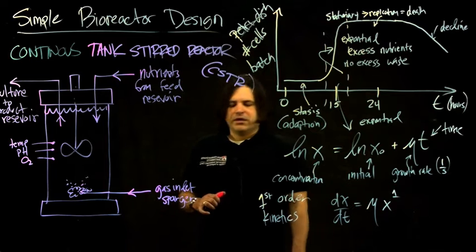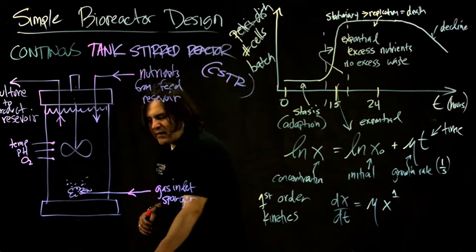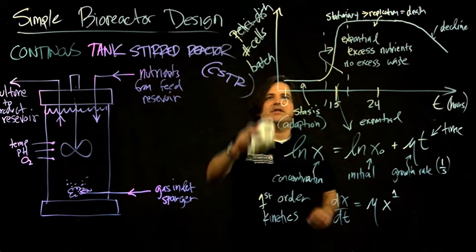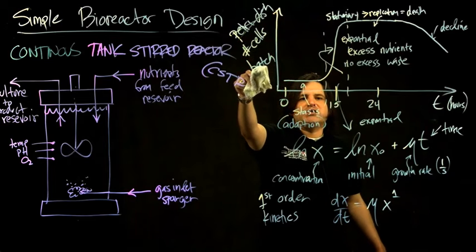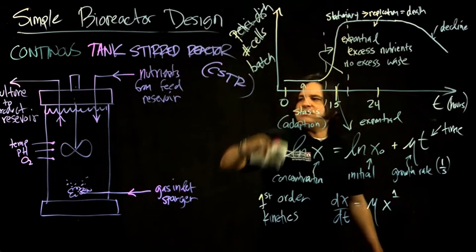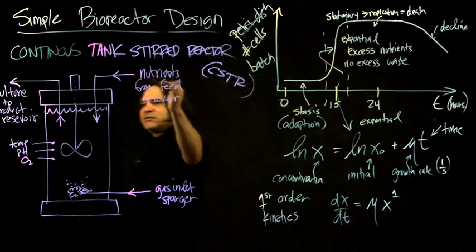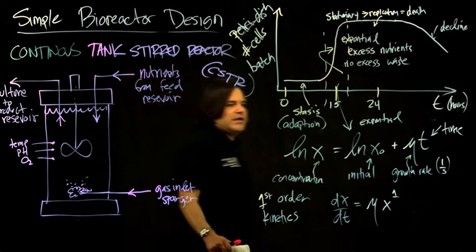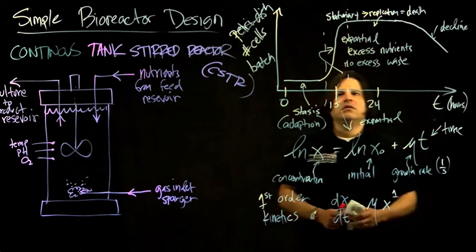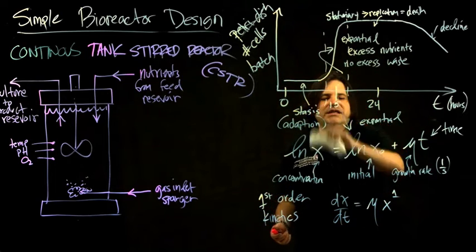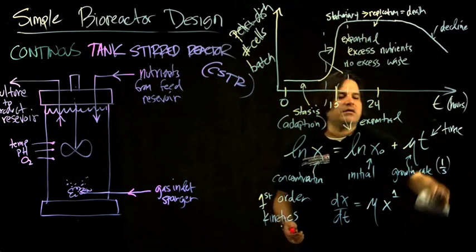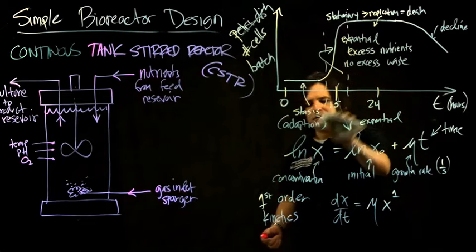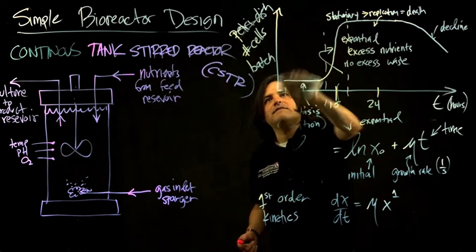So what we're going to do is, instead of having this Petri dish batch version, we're going to consider the balance between what comes in and what comes out, and we're going to have a different behavior. If it's steady state, it's not going to have this up and down nature. So let's talk about that.